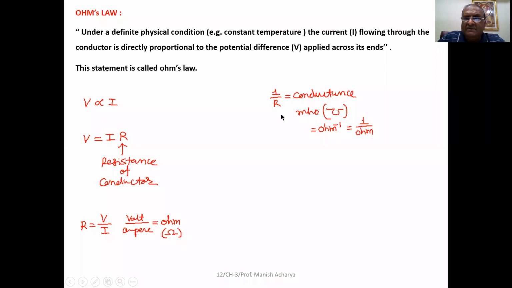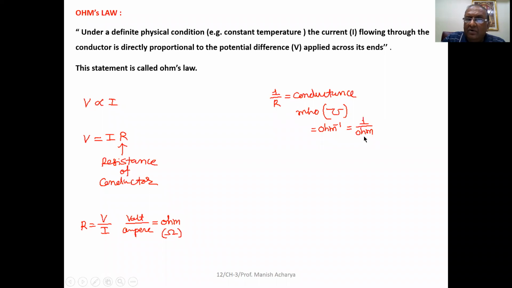Then just remember this word: the reciprocal of resistance is known as conductance. So since it is the reciprocal of resistance, the unit of conductance we can write as 1 upon ohm.